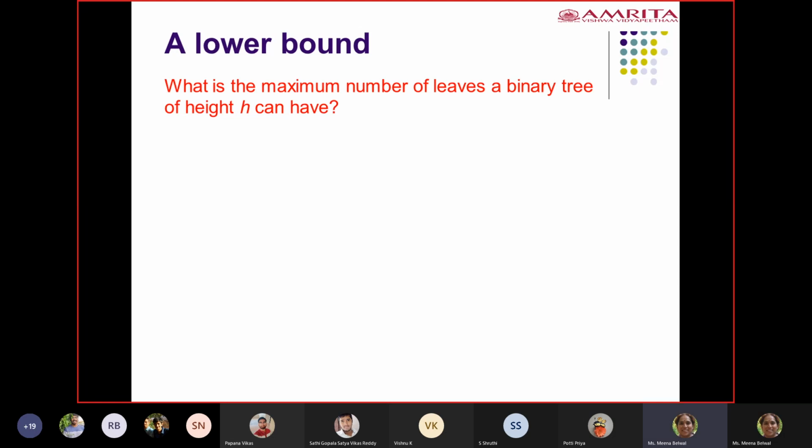So what is the maximum number of leaves a binary tree of height h can have? We saw that in a decision tree model, the number of leaves we are going to have is factorial of n, right? But we know that the maximum number of leaves a binary tree of height h is going to have is 2 to the power of h leaves, right?